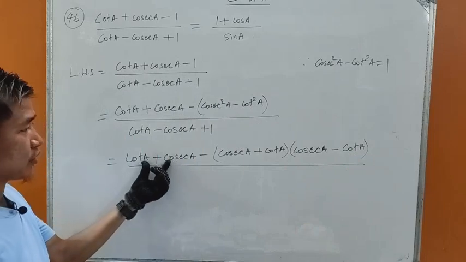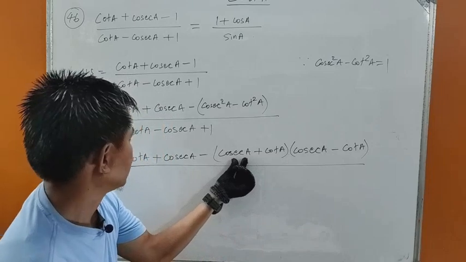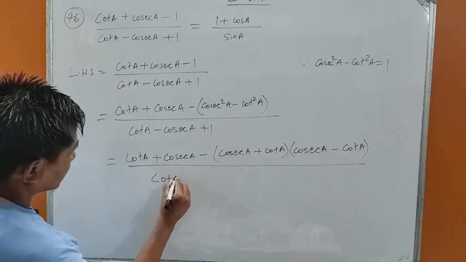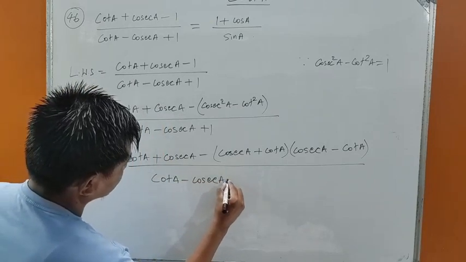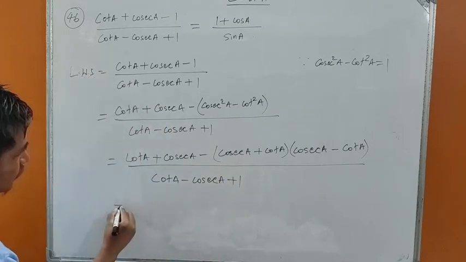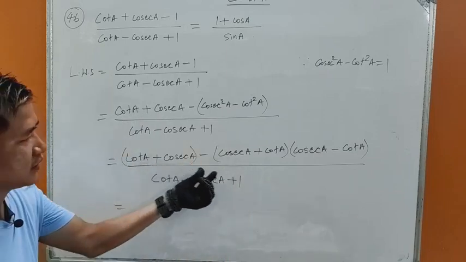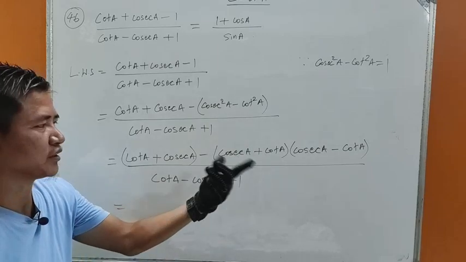We have cot a plus cosec a here, and we have cot a plus cosec a here. So cot a minus cosec a is in the denominator, plus 1. You can see cosec a plus cot a means cot a plus cosec a, same thing, like 2 plus 3 and 3 plus 2.